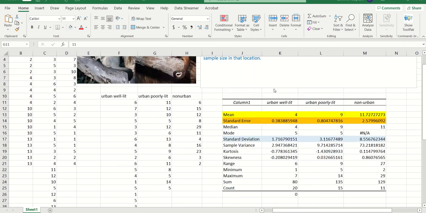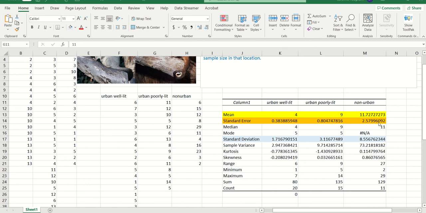All right, let's go up and let's talk about it. So the one with the most variation would be non-urban. Have a look. Compared to these two, this one's a bit higher, isn't it? Same with standard error, okay?